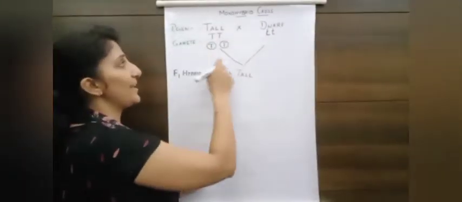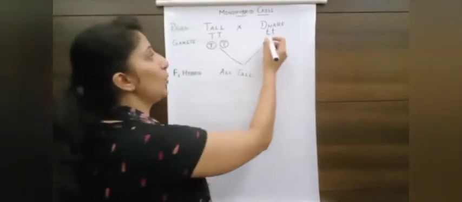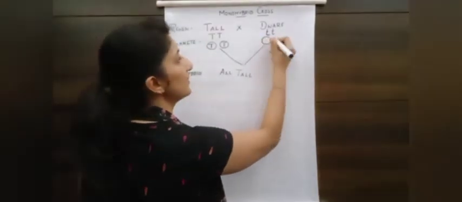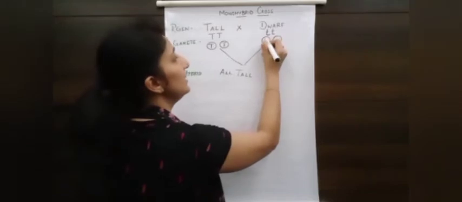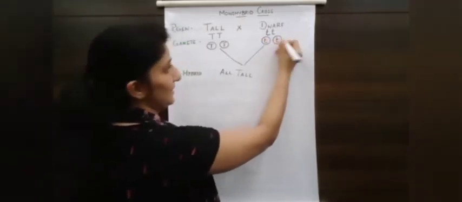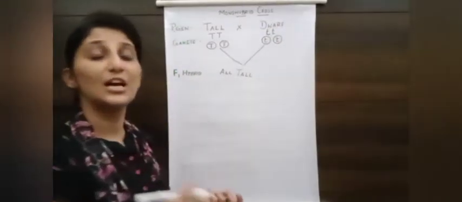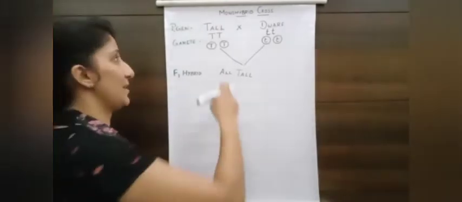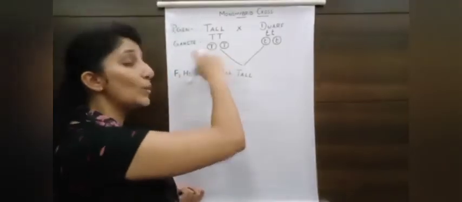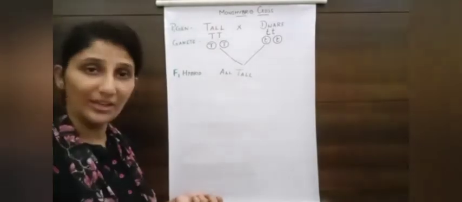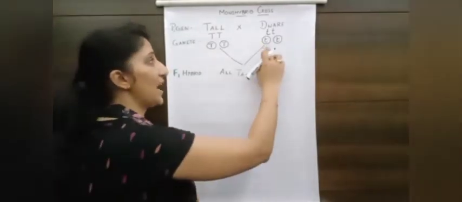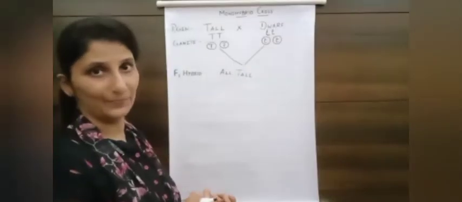And here it explains the law of segregation. Again over here it segregates into the gametes. So that's why it is called the law of purity of gametes. That means this gamete has only the allele capital T, and this one has the allele small t. Is it clear?